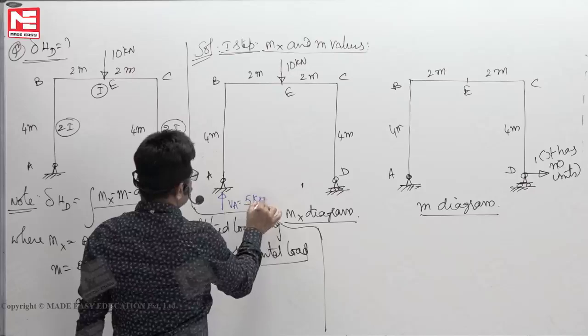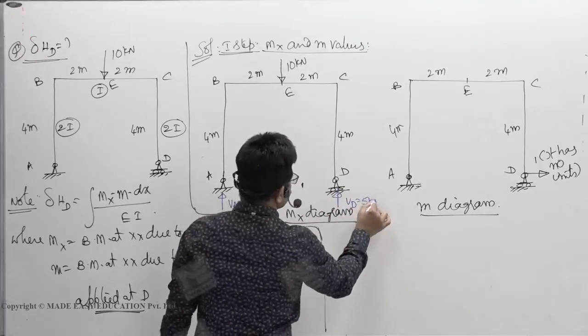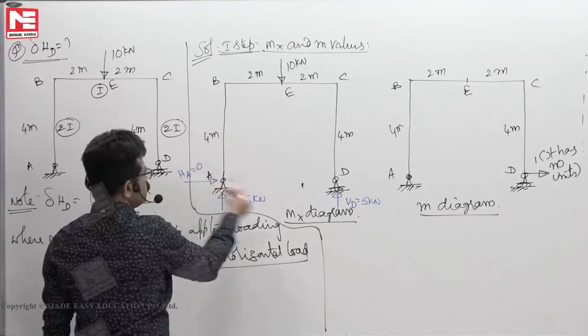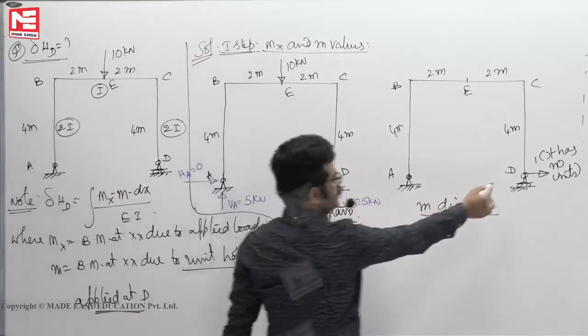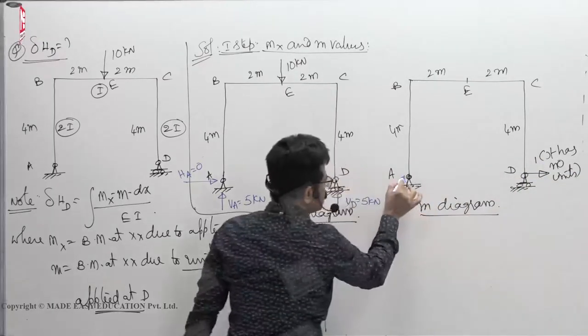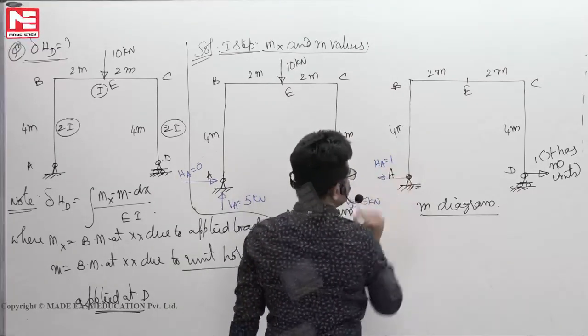VA is 5, VD is also 5. Horizontal reaction at A is 0. So over. See here, this applied load, one right. To balance it, HA is equal to 1, one left.